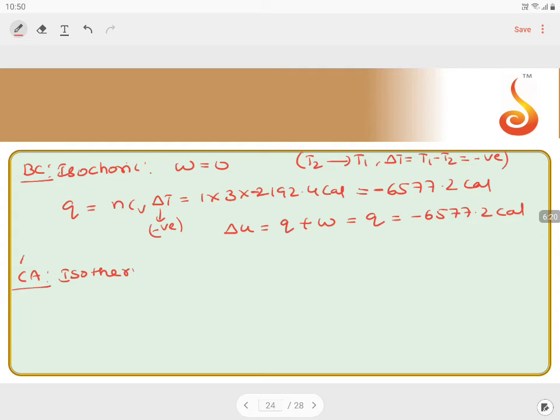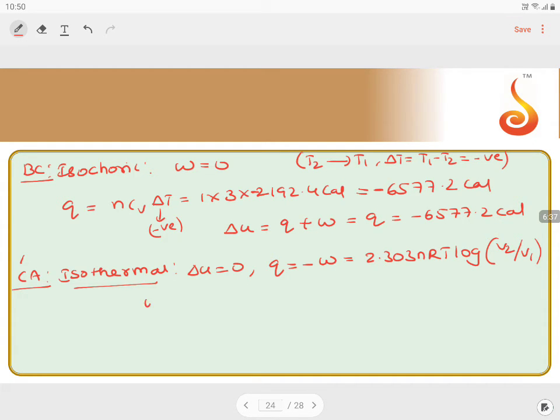Now the last one is CA, an isothermal process. In an isothermal process, delta U is equal to 0, and Q is equal to minus W, that is 2.303 nRT log of V2 by V1.